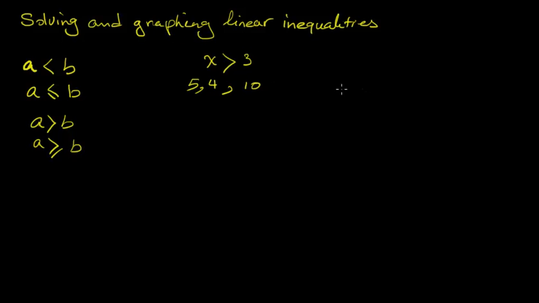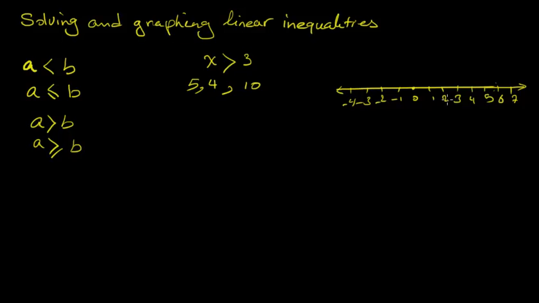Let's say we have a number line with 0, 1, 2, 3, 4, 5, 6, 7, minus 1, minus 2, minus 3.